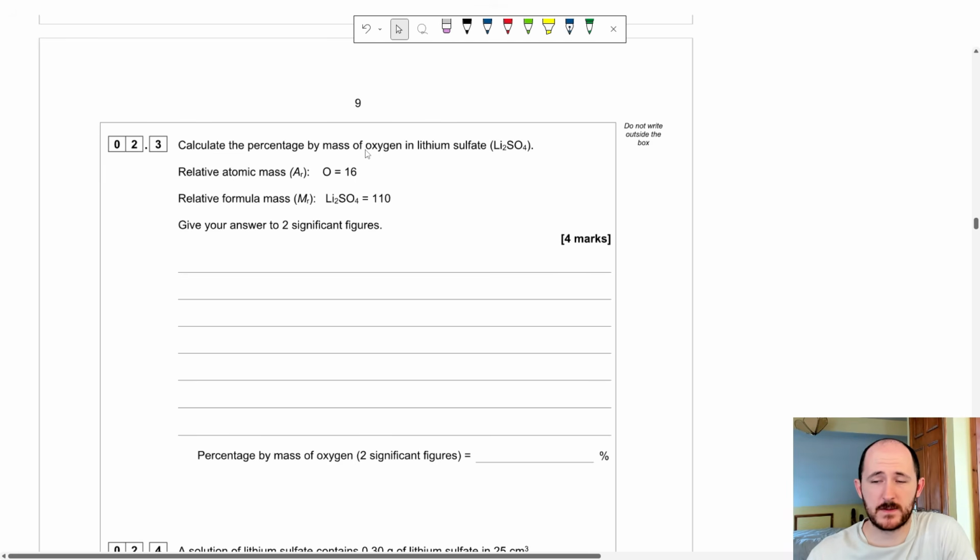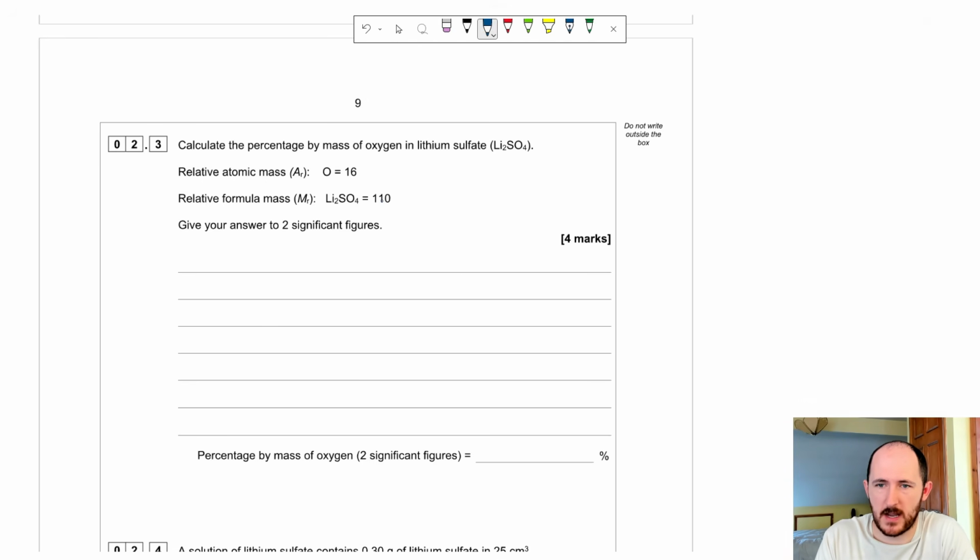Now, this sounds like a really complicated calculation, right? Calculate the percentage by mass of oxygen in lithium sulfate. So percentage by mass means we're going to work out the mass of the oxygen as a percentage of the mass of the entire molecule. So in other words, the mass of these O4 as a percentage out of 110.